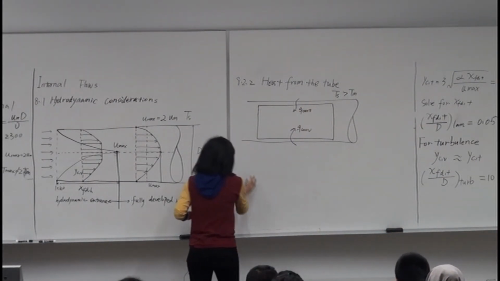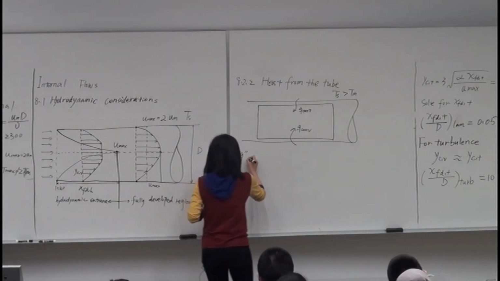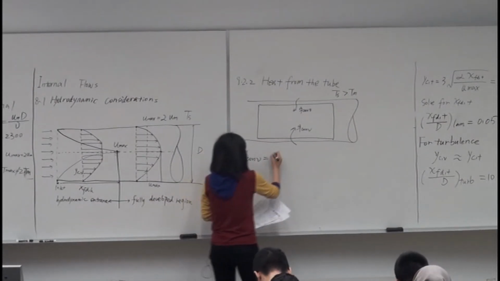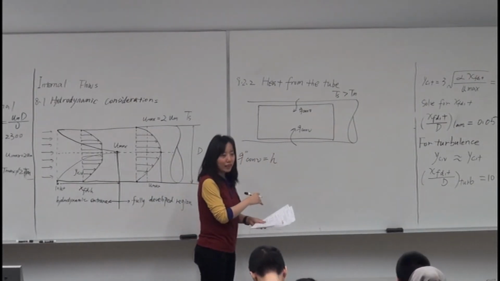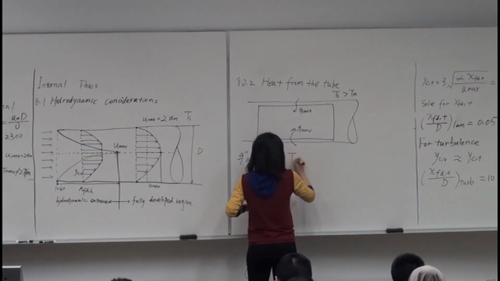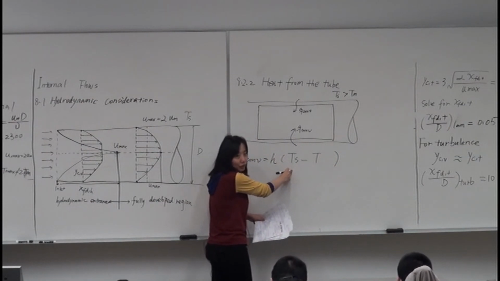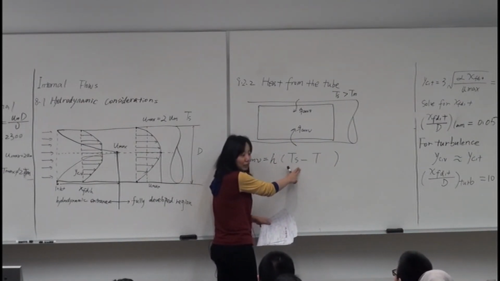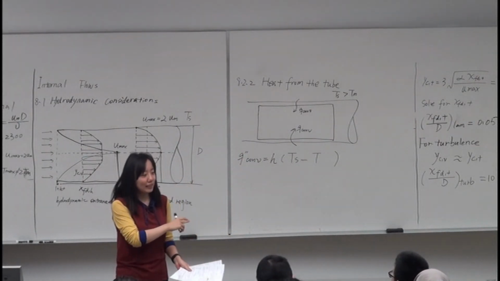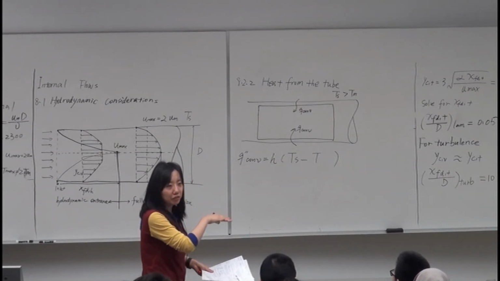And we know the convective heat flux for a hotter surface is given by the convection heat transfer coefficient times the temperature difference, the hotter temperature minus, from long ago in the second week, T infinity, that of the outer fluid.